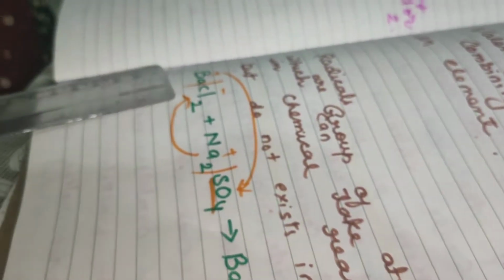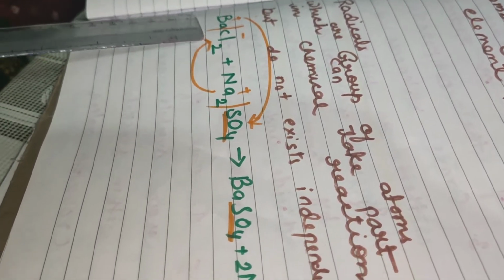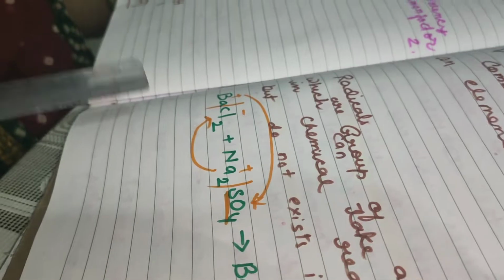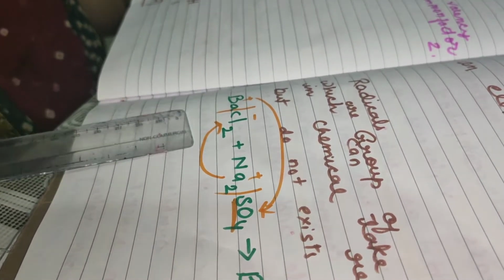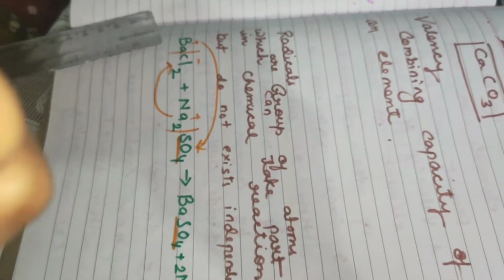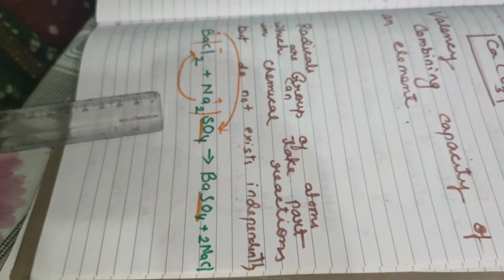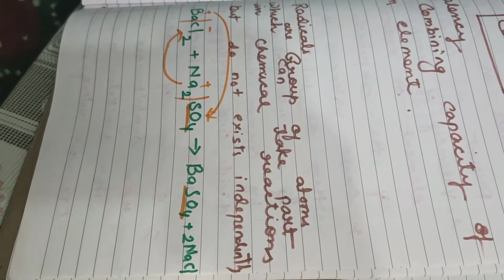Now let us see the radicals. Suppose when you are writing any chemical formula, we keep in mind the valency of radicals as well as of an element. Barium chloride reacts with sodium sulfate. So here you see sodium sulfate.